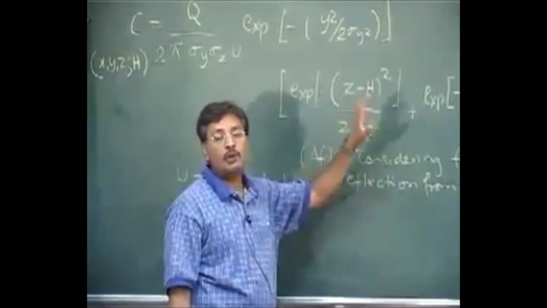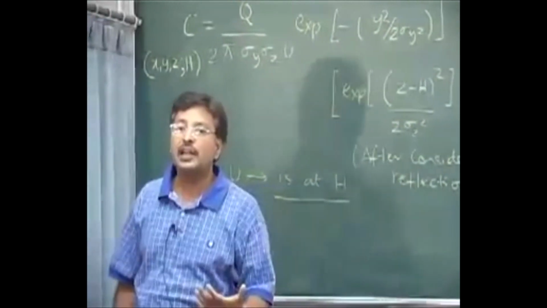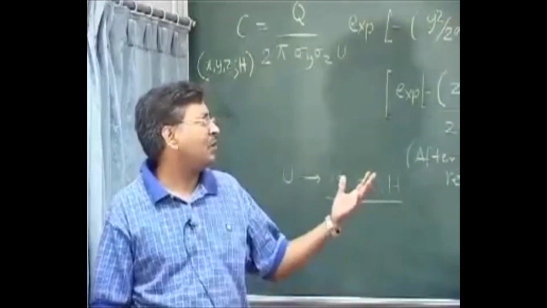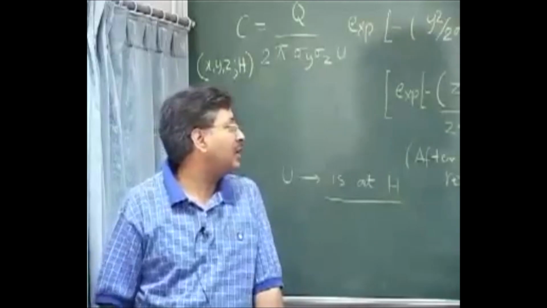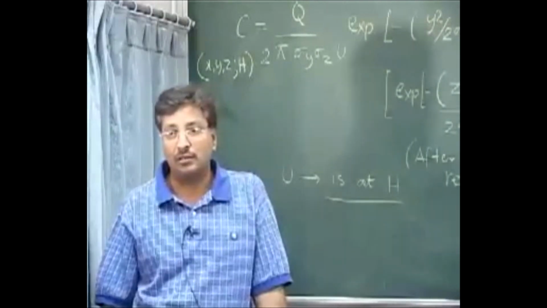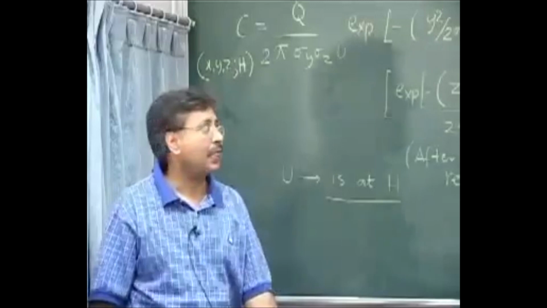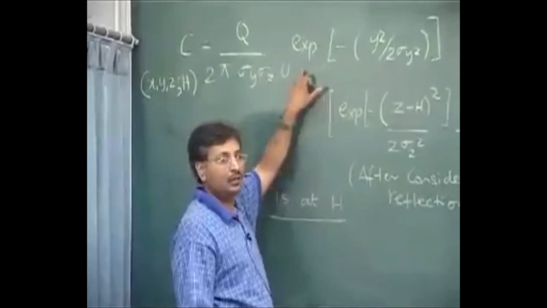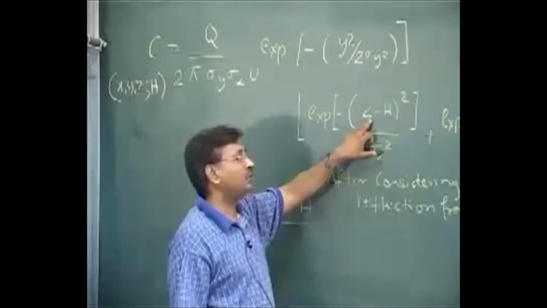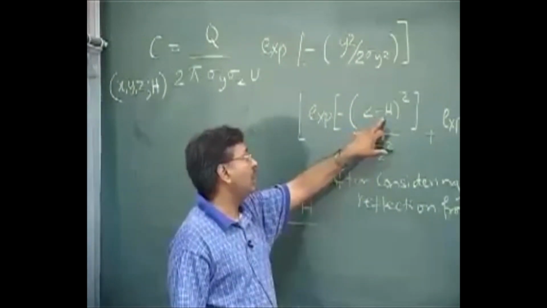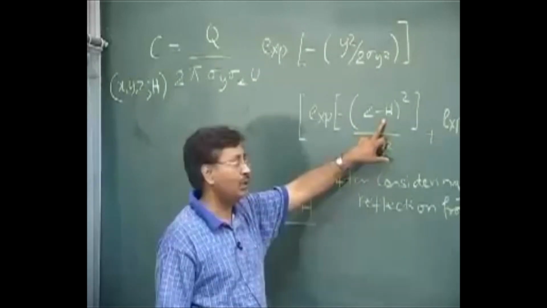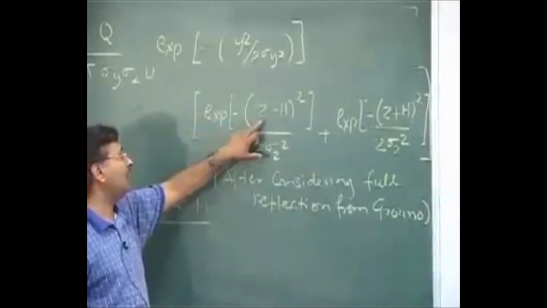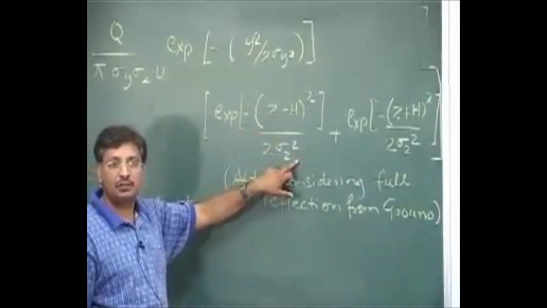So that is the simple thing you do here: you put y equals 0 and z equals 0, and you come up with another expression. And that expression is most commonly used, because that is where we want to find the ground level concentration, when z equals 0 and y equals 0. And you can very quickly see, this term will disappear. This will become h square. This is also h square. So it will become 2 times exponential minus h square by 2 sigma z square.